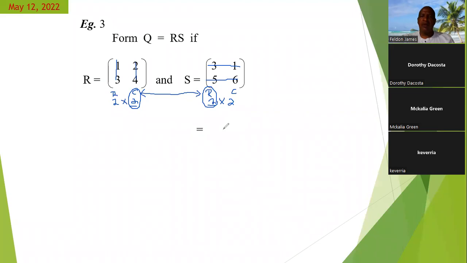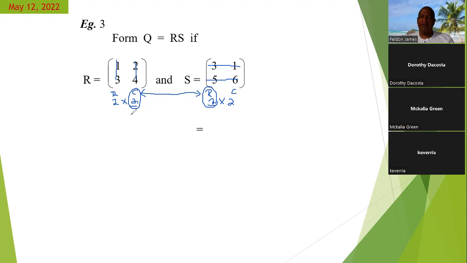Now, suppose the number of columns in the first is not the same as the number of rows in the second. What do you think will happen? Anybody? What would happen if the number of columns in the first matrix is not the same as the number of rows in the second one?